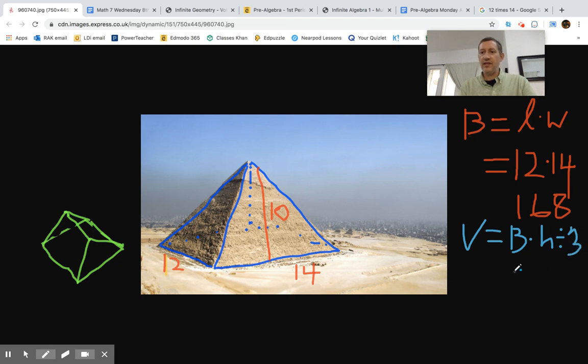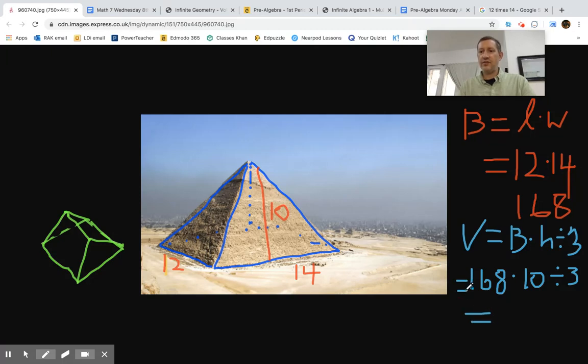Okay, so that's 168, and we're going to multiply that by 10. 168 times 10, and then divided by 3. Well, I just happen to know 168 times 10 is 1,680. Let's go ahead and use our calculator again.